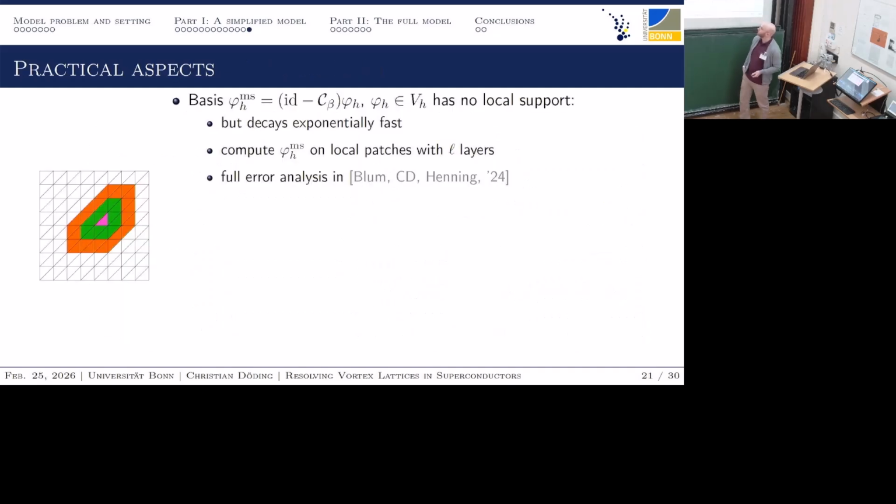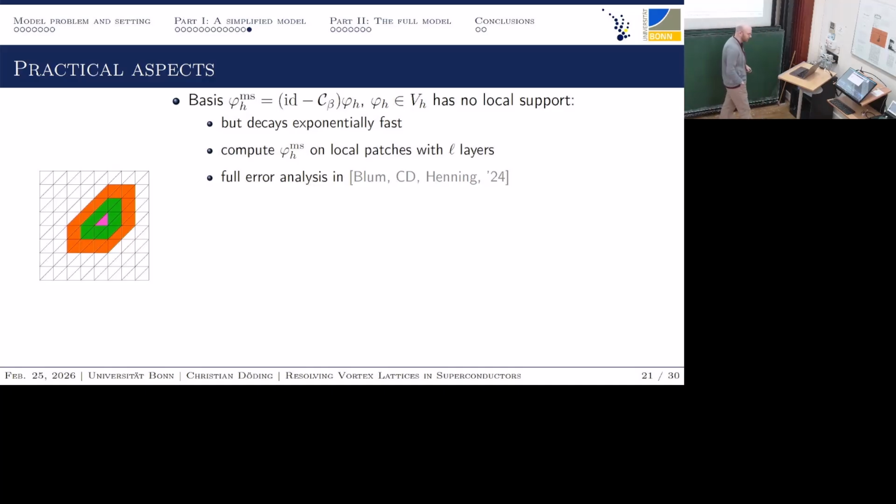Okay, some practical aspects. I have one slide about this. As I said, the usual basis functions are not locally supported anymore, but as we have seen in the picture and what the standard theory predicts, these basis functions decay exponentially, so you can boil down the computation of this basis function to local patches. That's indicated by this picture here, and we have a full error analysis available with respect to this localization error, also independent of this factor kappa.